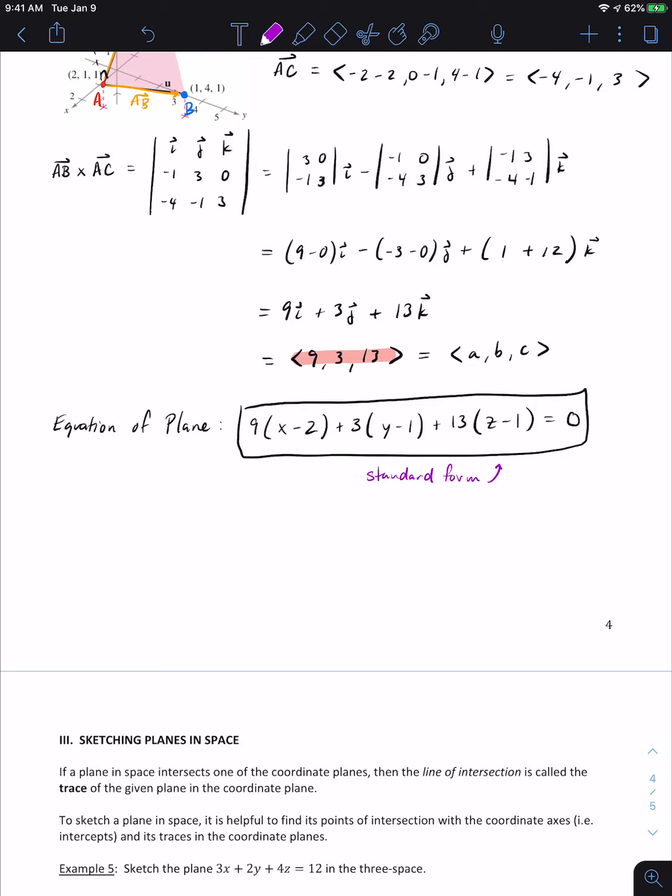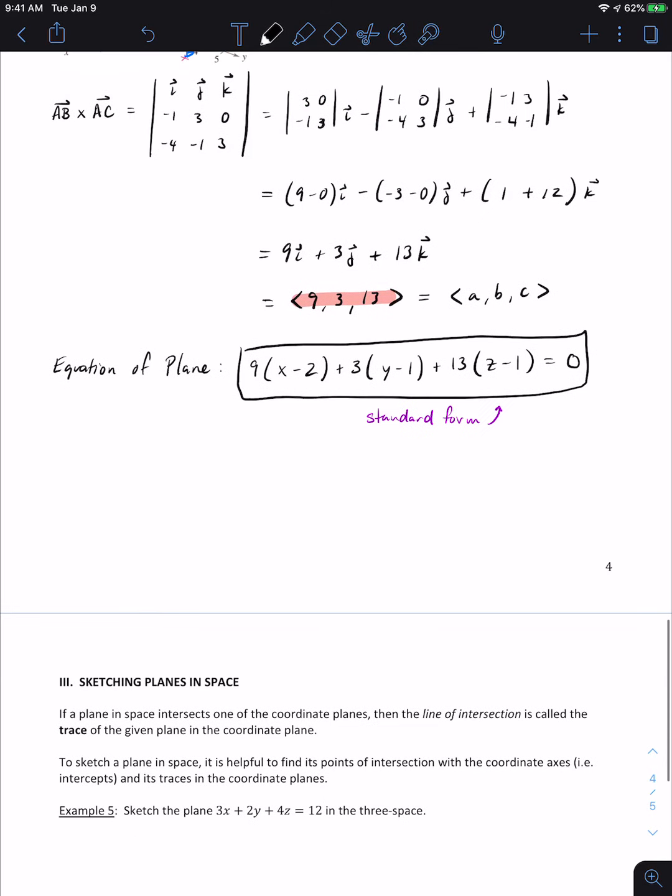form. Remember, to find general form, I just multiply everything out. So if I did that to find general form, I would get 9x minus 18 plus 3y minus 3 plus 13z minus 13 equals to 0. So I get 9x plus 3y plus 13z.